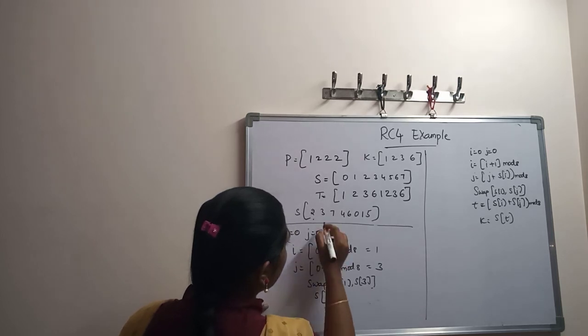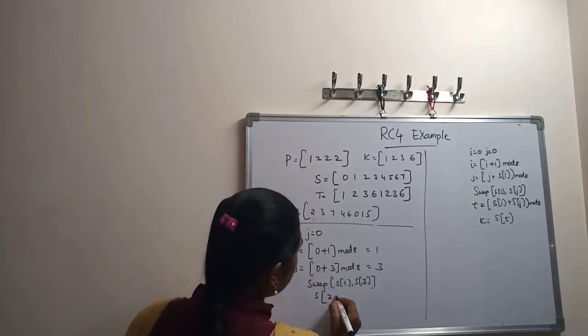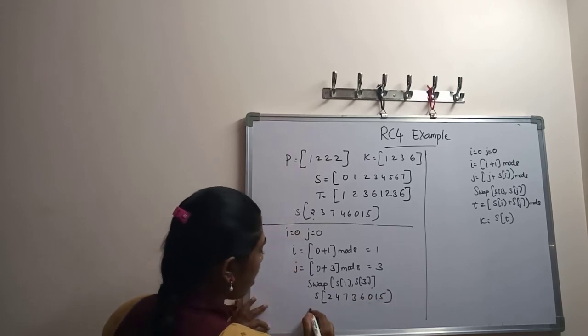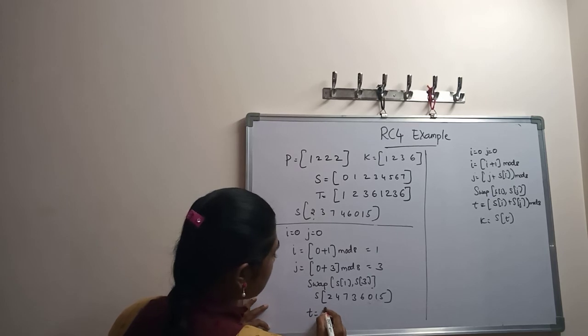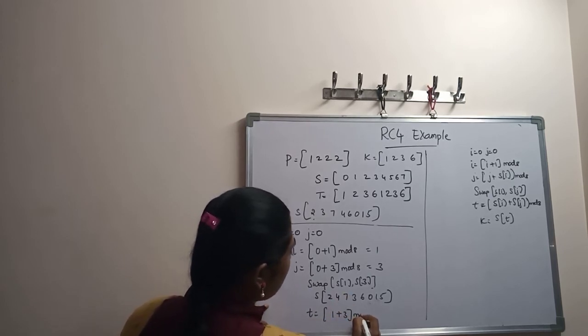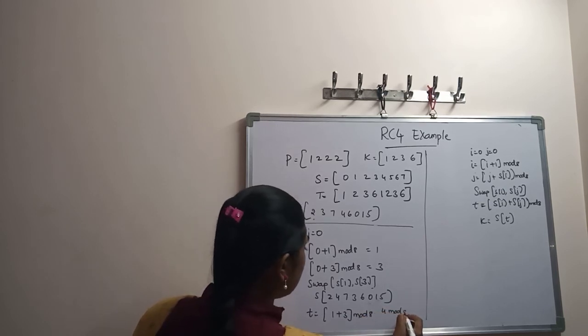So 1 and 3. So 3, 4, 2, 4, 7, 3, 6, 0, 1, 5. Then we have to find out the temporary value, that is 1 plus 3 mod 8, that is 4 mod 8, that is 4 only.